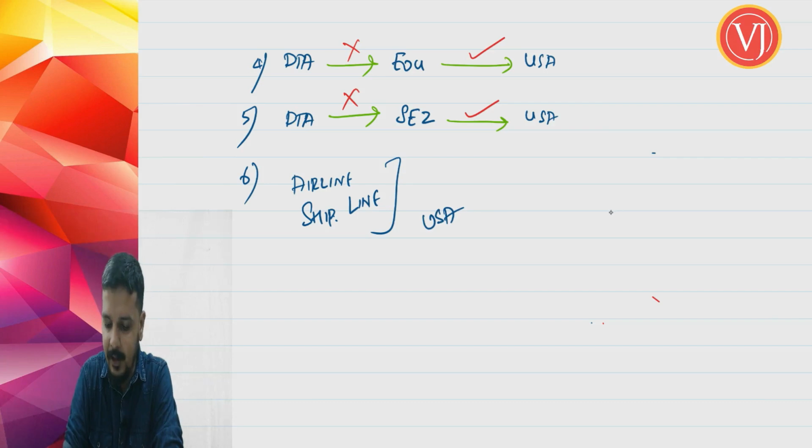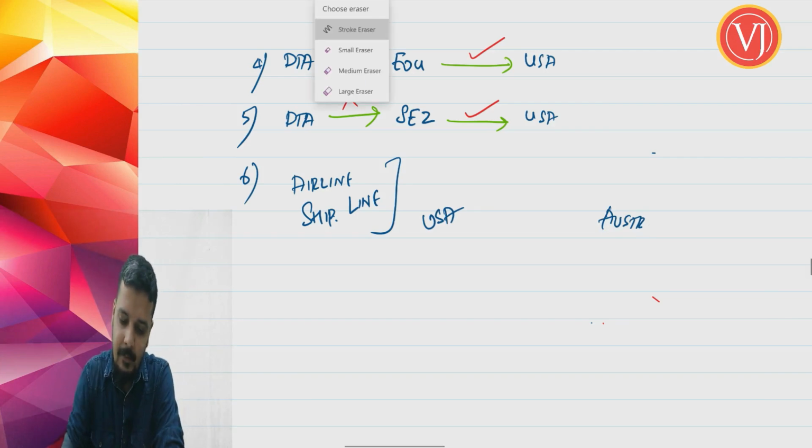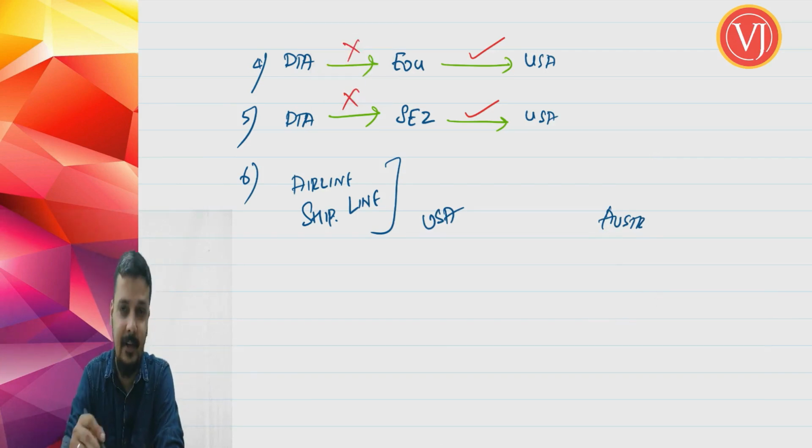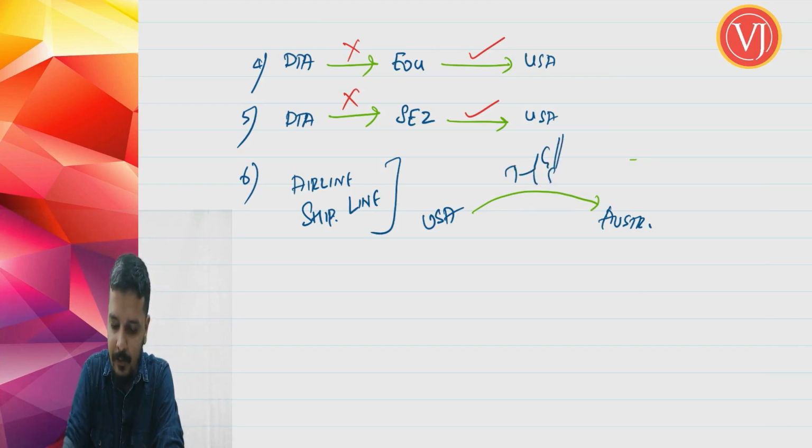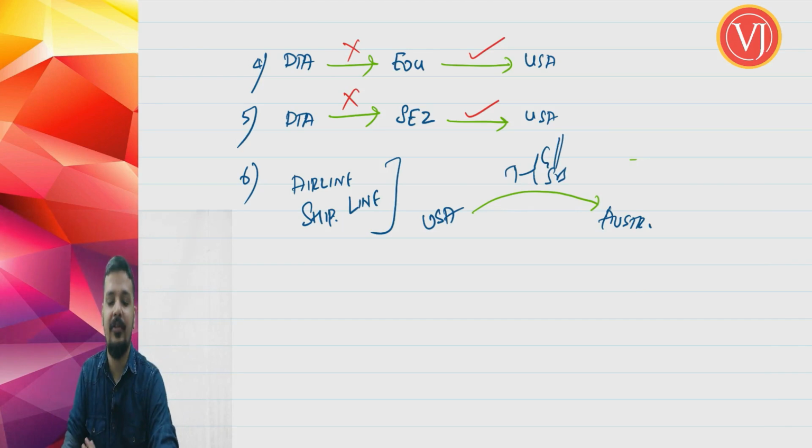So it is not touching India. This is very common for the airline sector and shipping line sector. Indian airline company or Indian shipping line company is getting the payment for transportation of goods or passengers from USA to Australia without touching India.